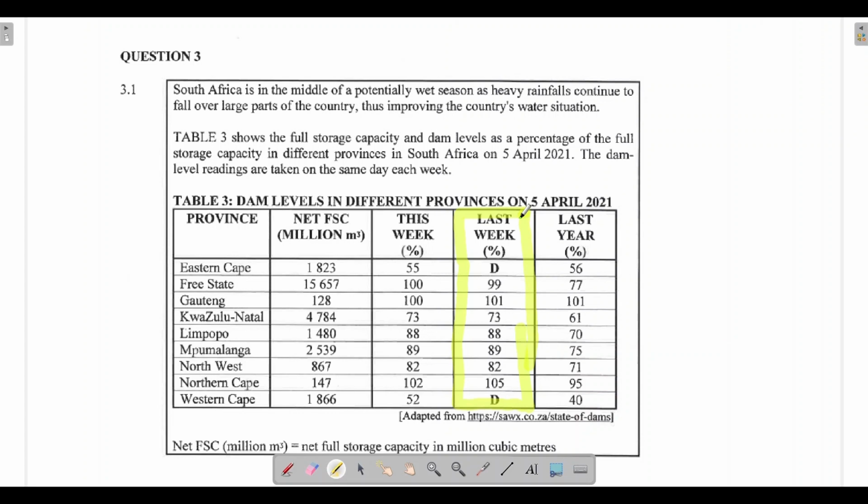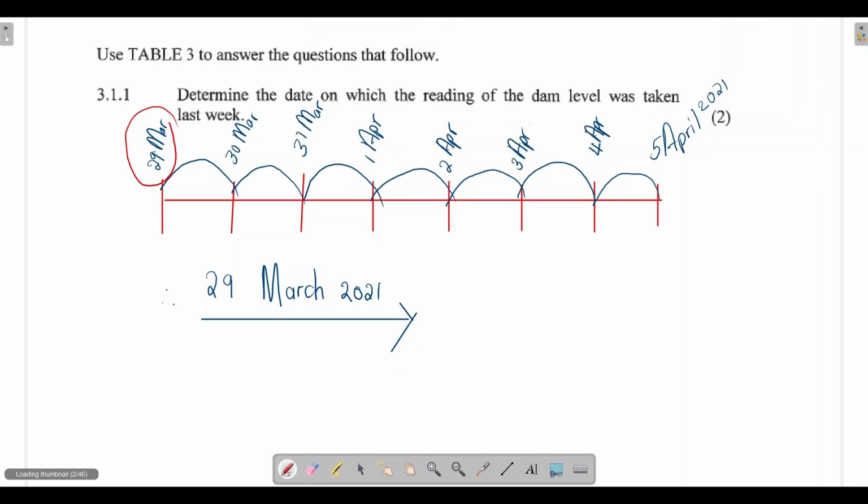And I just told you that to get the mean, you sum up all the values and divide it by the total number of values in the data set. So let's do that. It's going to be d plus 99 plus 101 plus 73 plus 88 plus 89 plus 82 plus 105 plus d. That is what we're going to write now.